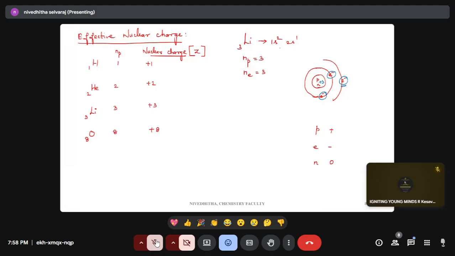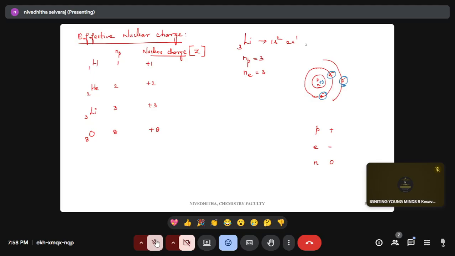Which will be experiencing less nuclear charge from the nucleus? Or will all the 3 electrons experience the same nuclear charge? Will it be same or different? See, as far as lithium is concerned, lithium has 3 protons inside the nucleus, right?